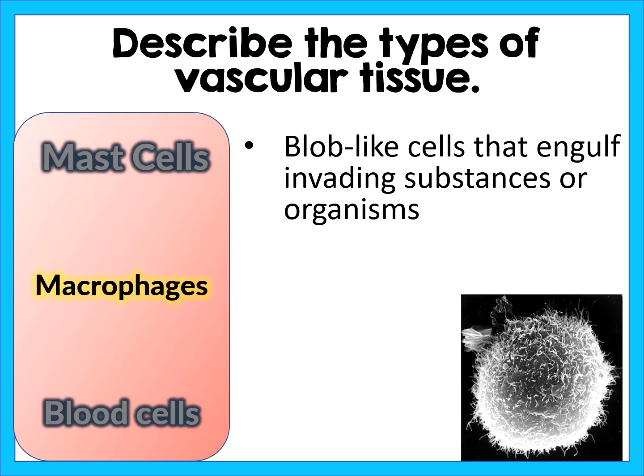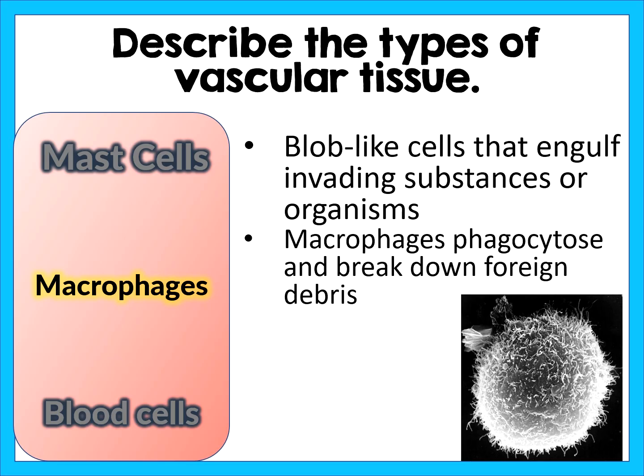Macrophages are another type of leukocyte or white blood cell that are more blob-like that engulf invading substances or organisms. So they are going to be involved in your immunity like the mast cells, but those two cell types are going to have different types of involvements. The mast cells will alert your immune system, while the macrophages are actually going to be the ones who break down the foreign debris themselves.